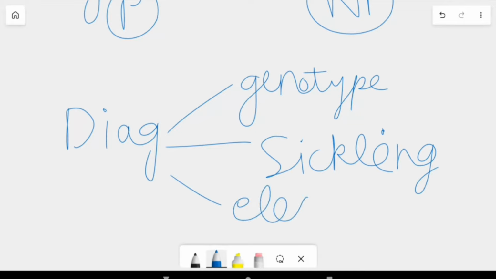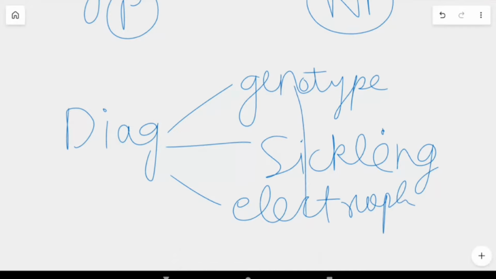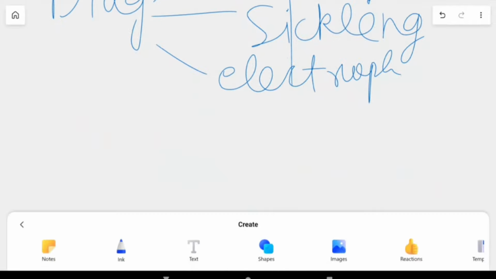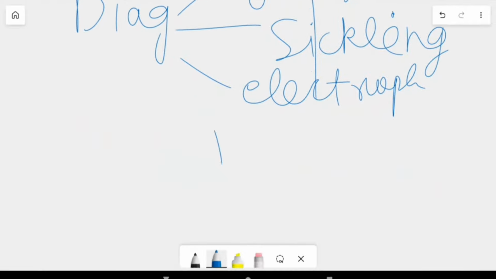Now, how will we detect whether the person has sickle cell anemia or not? We just need to remember this as a fact: in electrophoresis, HbA will travel at a faster rate than HbS towards the anode. So, HbA travels faster towards the anode than HbS.